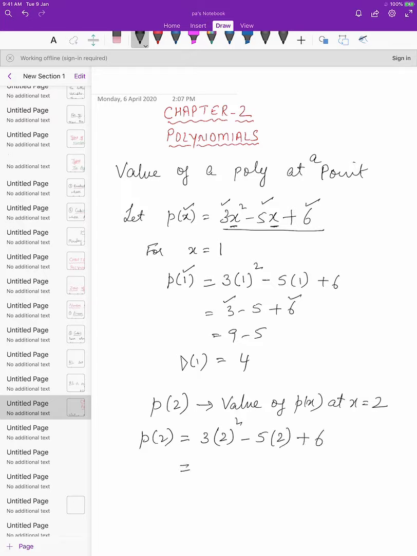Variable means that number which varies in its value. So we can give different values of x in the polynomial. So that gives us 3 into 4 minus 10 plus 6, 12 minus 10 plus 6, which gives you 12 plus 6 is 18 minus 10, which is equal to 8. So the value of the given polynomial at x is equal to 2 is equal to 8.